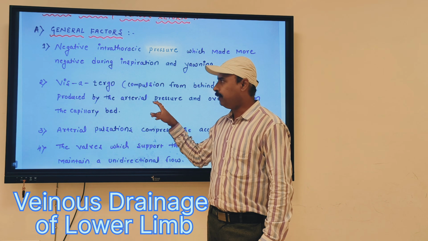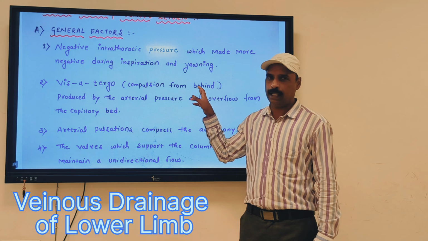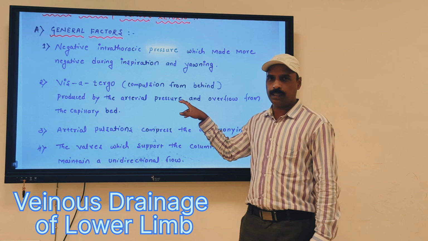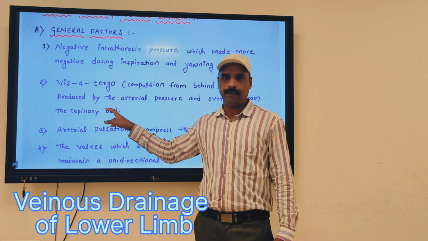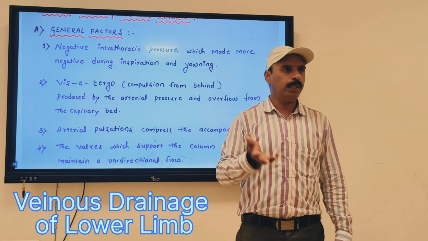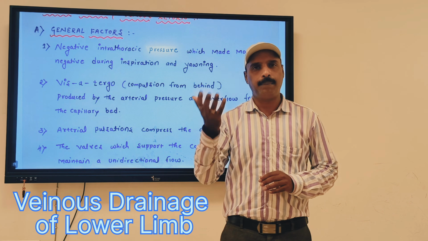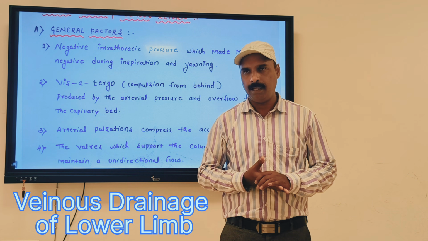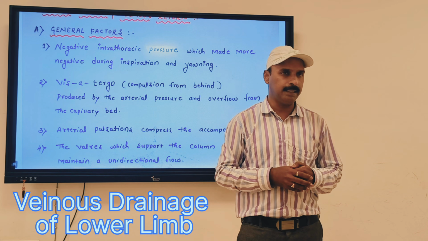Then vis a tergo. Vis a tergo means compulsion from behind. Always, when the arterial pressure is high, it overflows the capillary bed. The small minute branches of the arteries we call capillaries, and these capillaries have anastomosis and capillary beds.